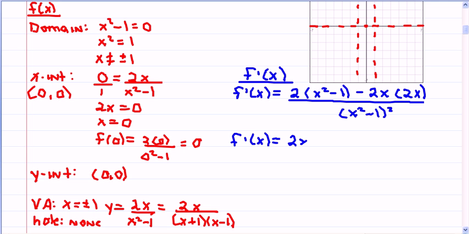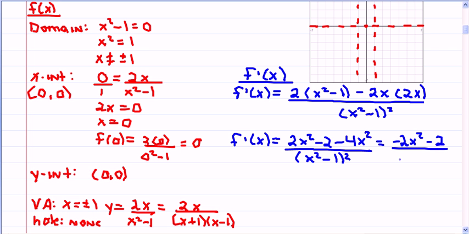And if I distribute the 2, I can rewrite this as negative 2x squared minus 2 over x squared minus 1 squared.